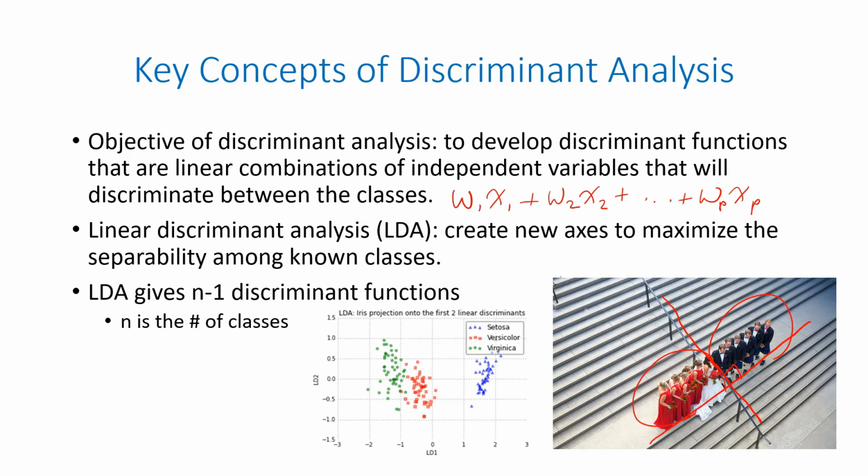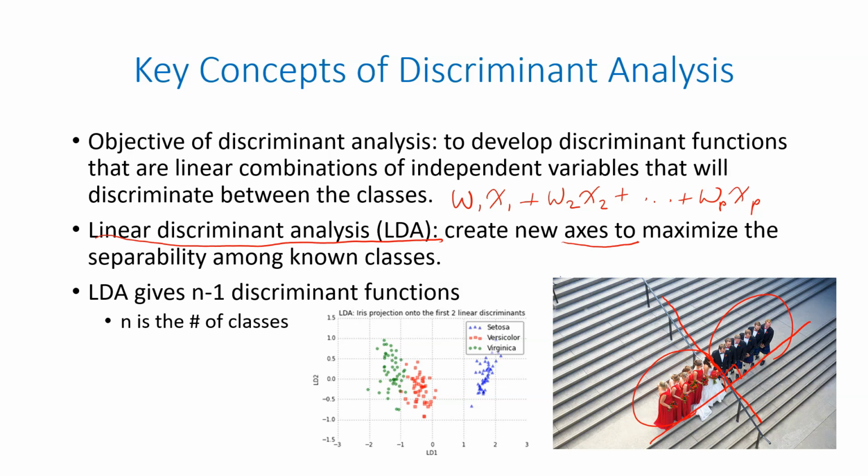So to identify the discriminant functions, we often use a technique called linear discriminant analysis, or LDA. LDA creates new axes to maximize the separability among known classes. In other words, the new axes help to best separate the cases that belong to different classes. This definition often reminds people of the principal component analysis, or PCA, because PCA also creates new axes to represent data points.